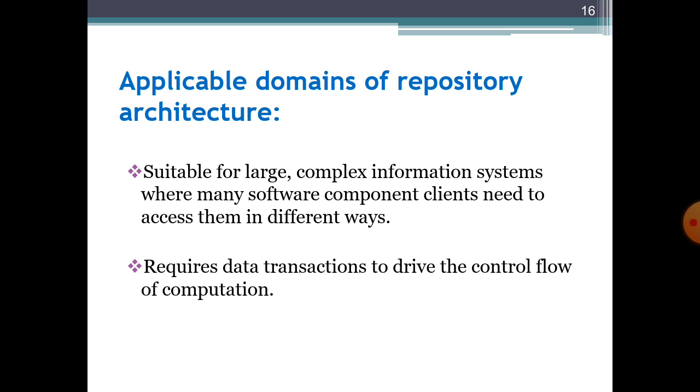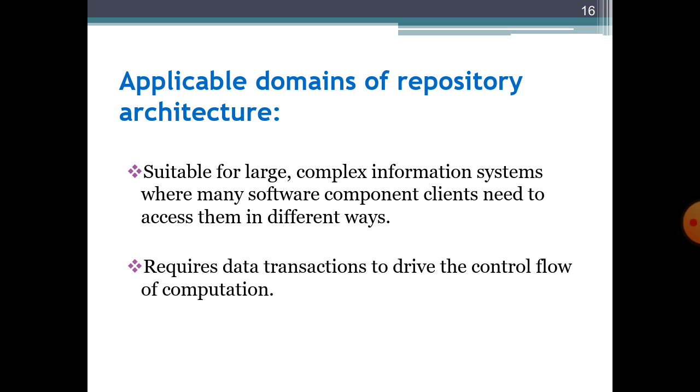We can also use this architecture where we require data transactions to drive the control flow of different computations. Besides these, you normally use this pattern where you have a system in which a large volume of information is generated that has to be stored for a long time.